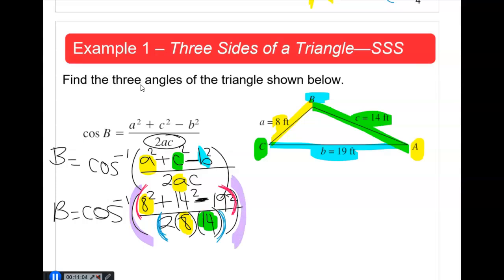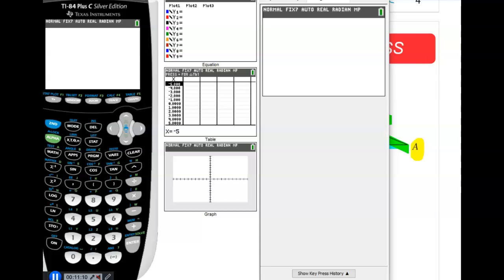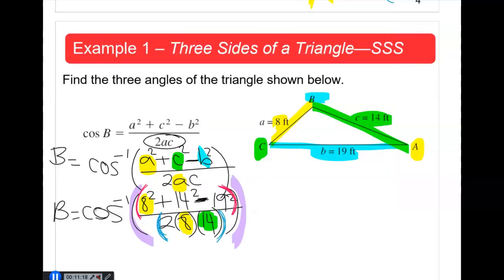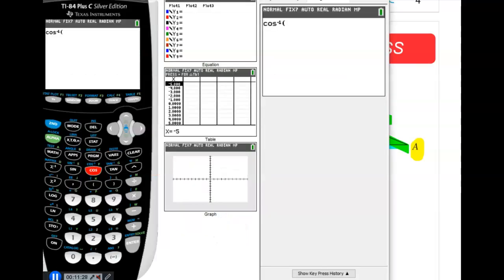So I'm going to open the calculator. We have to enter cosine inverse first, so second function and then cosine to have cosine inverse. That first parenthesis is comparable to the one that opened in purple here on the left side. Then I'm going to enter another one that will be representing the one in pink here. And then I will continue with 8 squared. For the number 8, we actually have a button to square something.